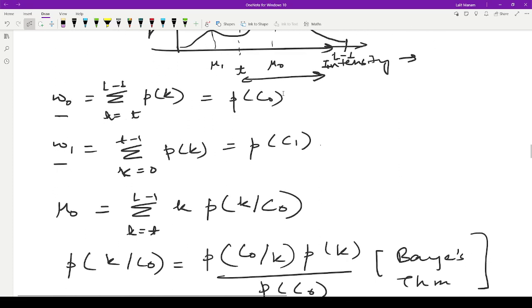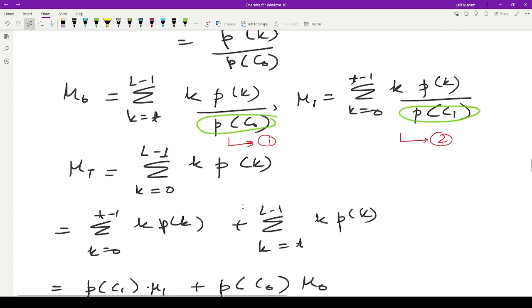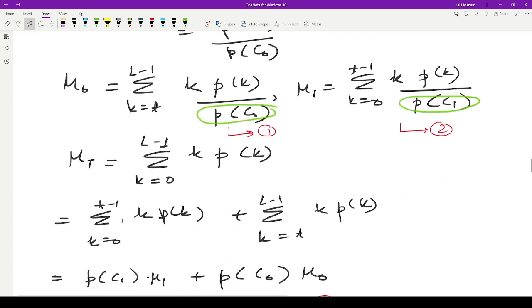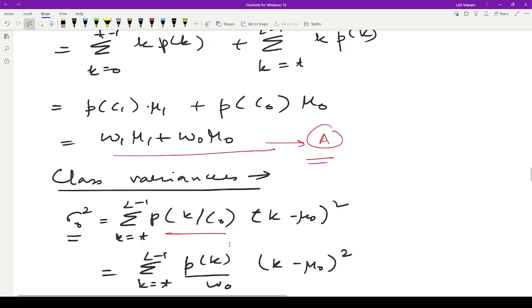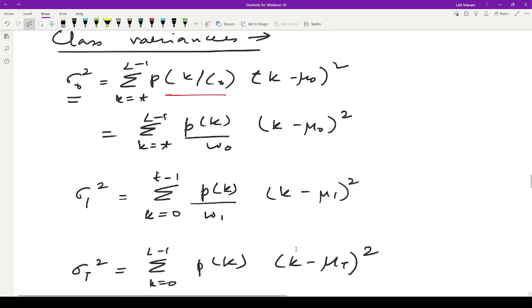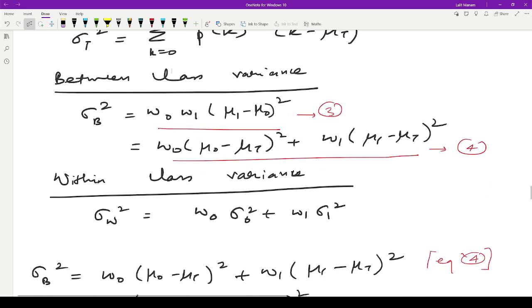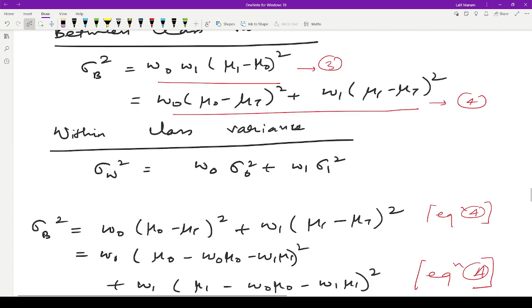Mathematically we can write it in these forms given these histograms, and if we define mu naught, mu1, mu t accordingly, we see that mu t is w1 mu1 plus w naught mu naught, and then we checked for the class variances sigma naught squared, sigma 1 squared, and simplified to this expression, and we defined between class variance, which can be written in these two forms, and within class variance, which is this one.